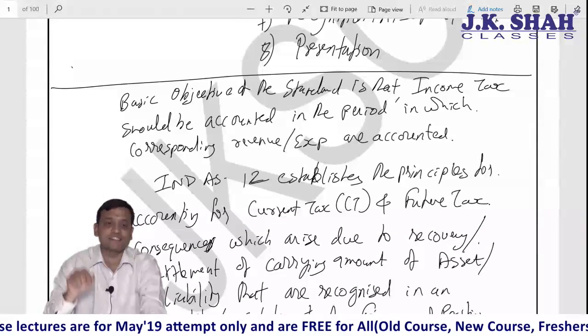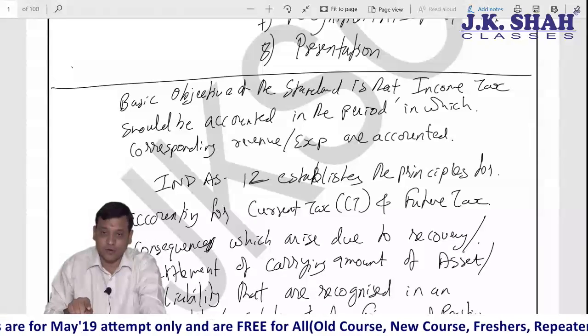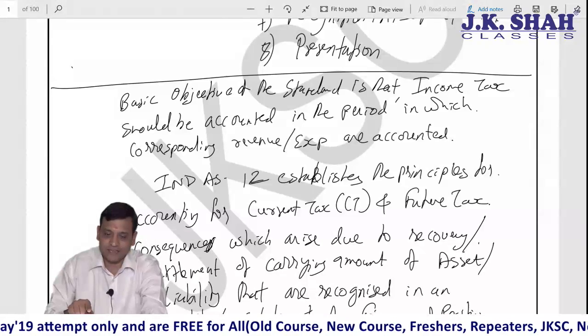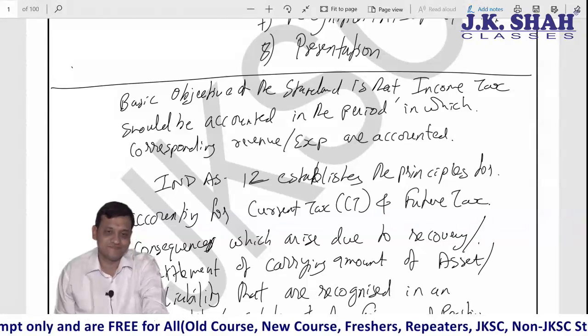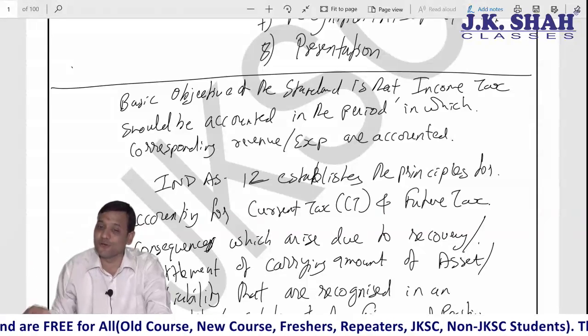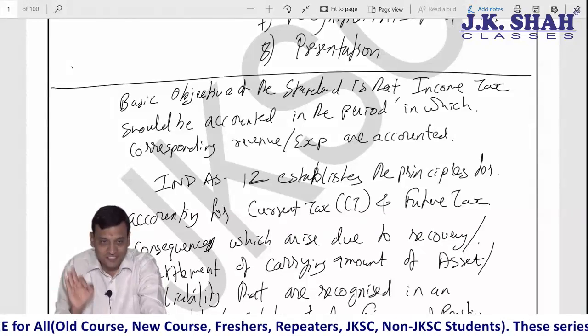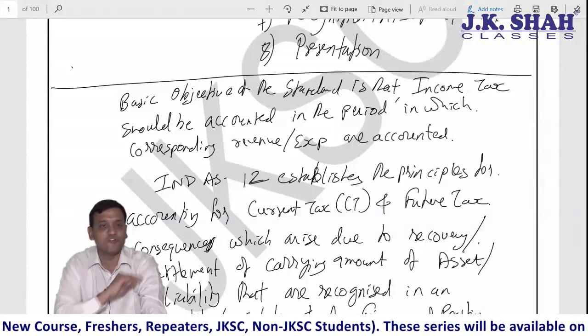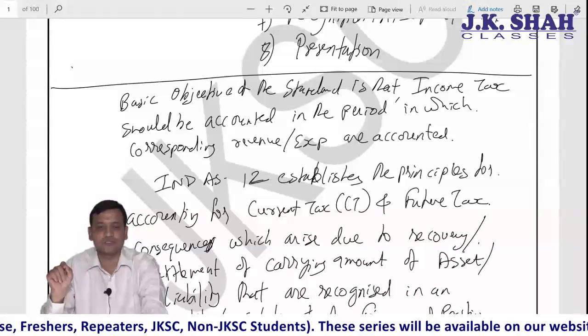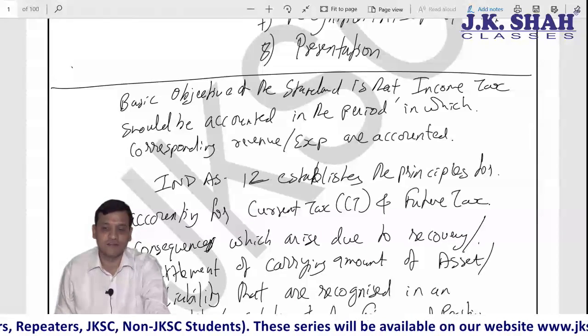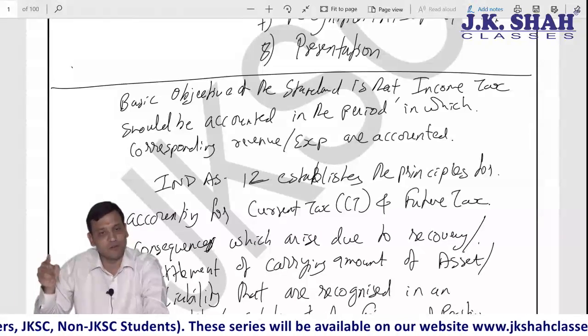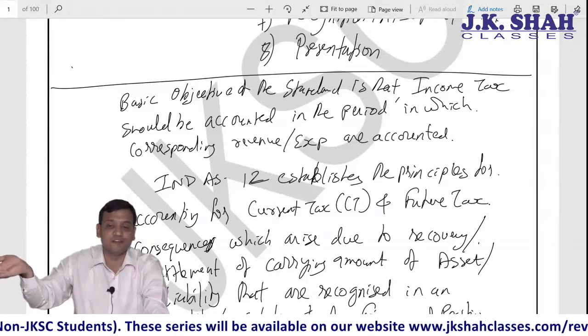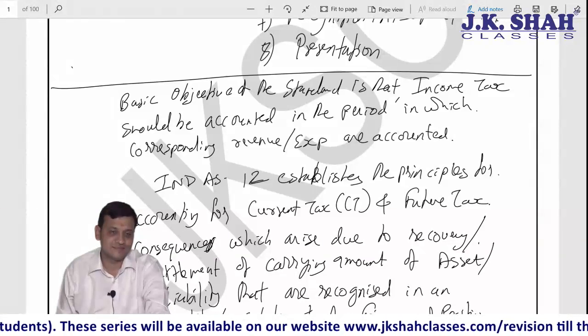Can I say I will be paying more tax later? Because in the next year, my accounting income will charge depreciation of 50, whereas in tax the depreciation allowed will be 10. Obviously, in the future year, I have to pay more tax.